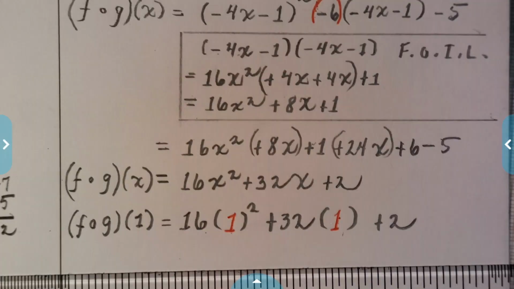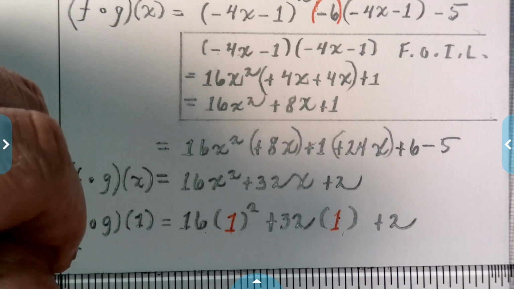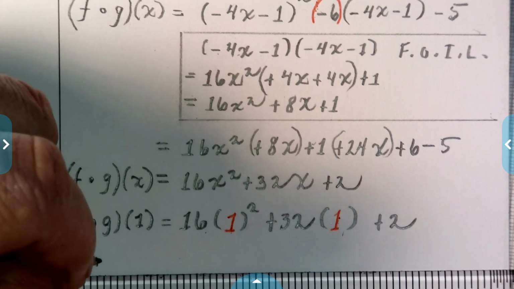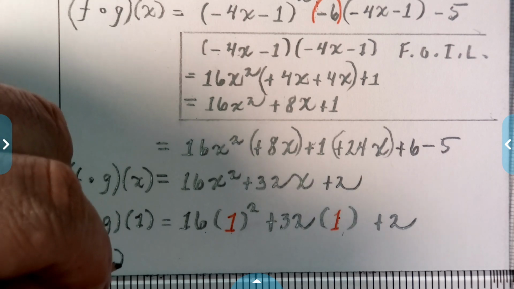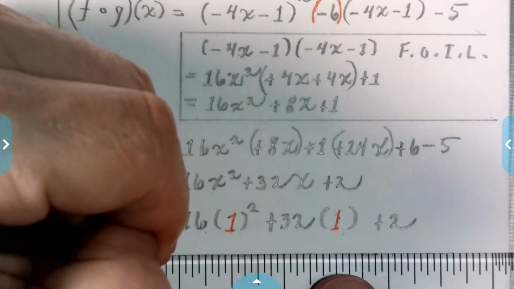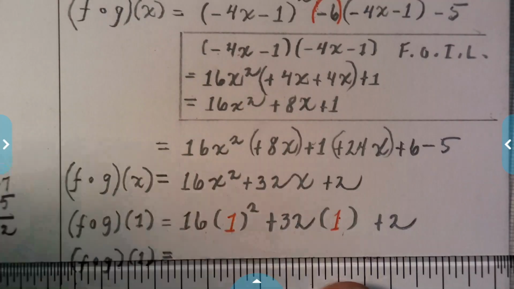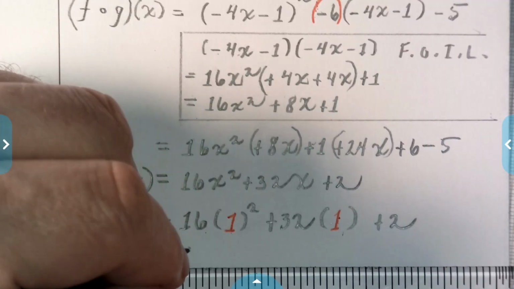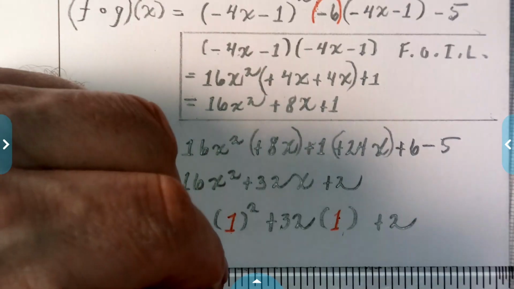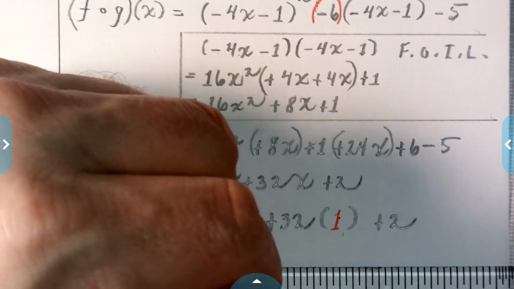Okay. So f of g of 1 equals 1 squared is 1 times 16 is 16, plus 32 plus 2.